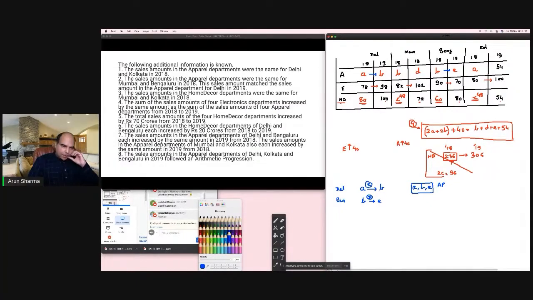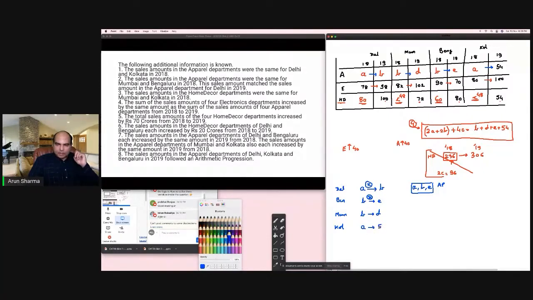The sales amount in the apparel department of Mumbai and Kolkata also each increased by the same amount in 2019 from 2018. So Mumbai has gone from B to D and Kolkata has gone from A to 54.